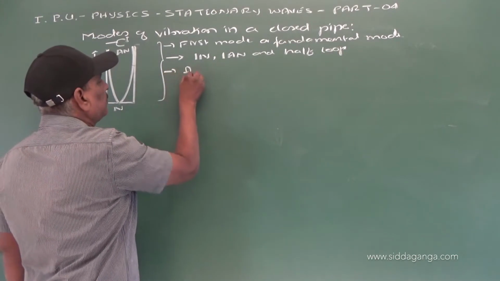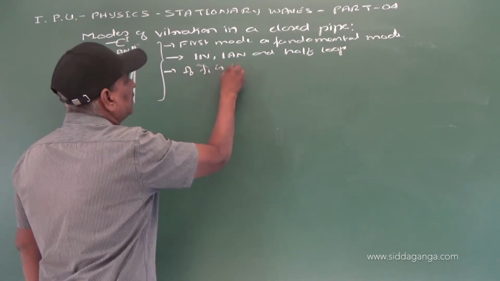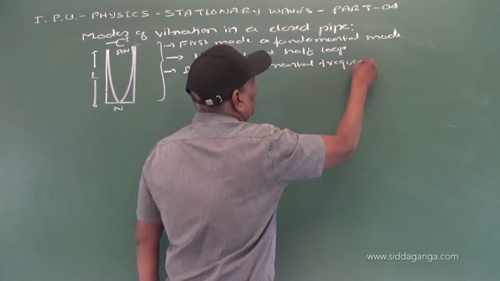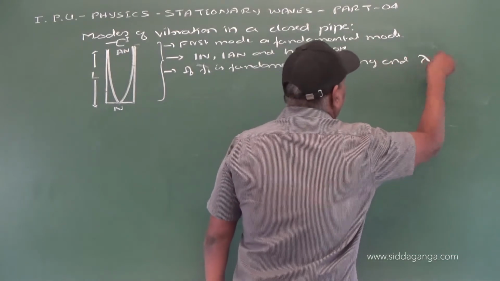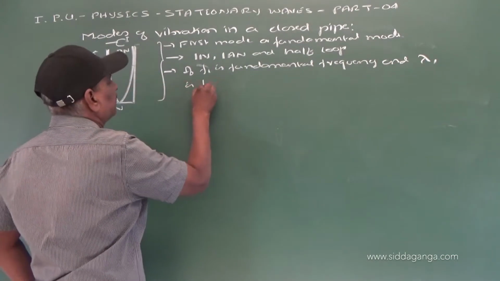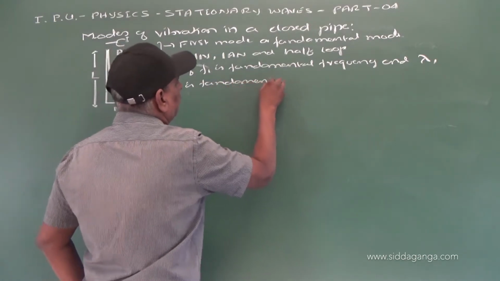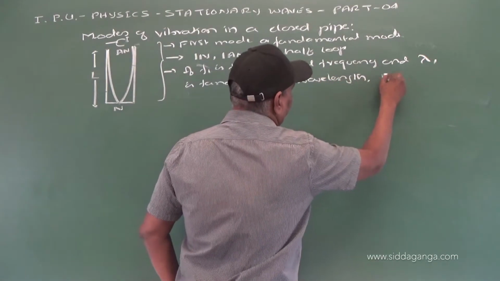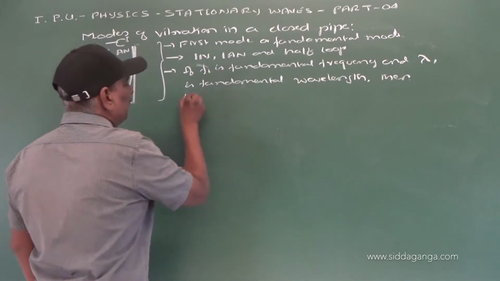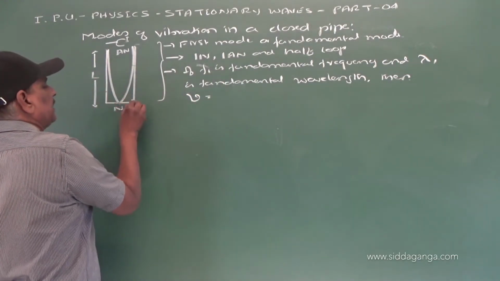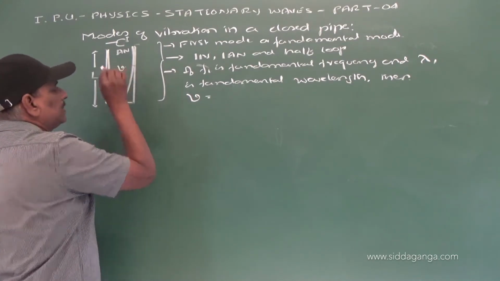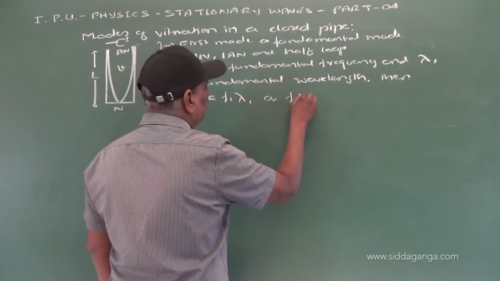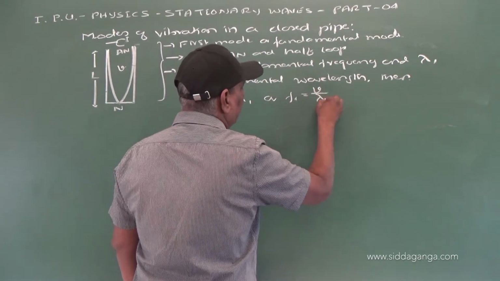Now, if F1 is the fundamental frequency and lambda 1 is the fundamental wavelength, then with V the velocity of sound, V is equal to F1 lambda 1, or F1 is equal to V by lambda 1.